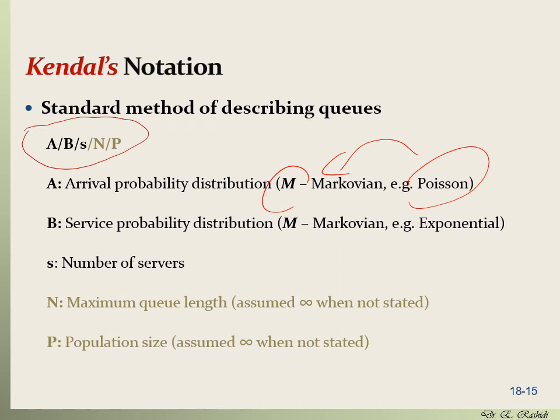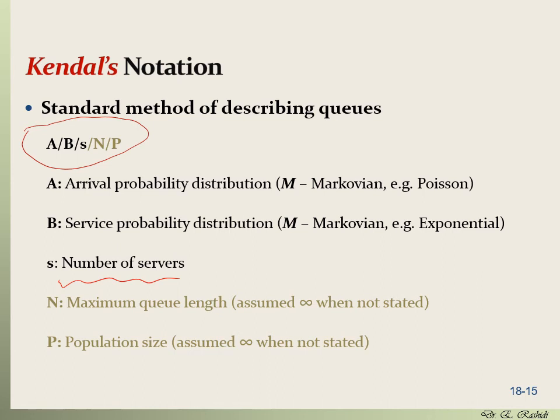B stands for the service probability distribution. Again, if it's exponential, we're going to use M, which stands for Markovian again. S stands for the number of servers. Usually, we are done with these three, but sometimes we can also use N and P, which stand for more characteristics we can show a given queue with.